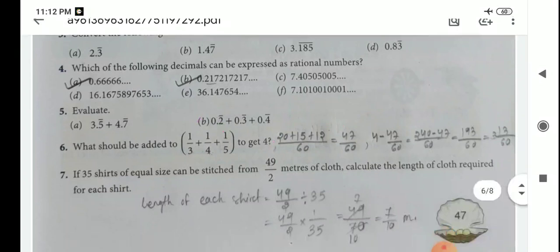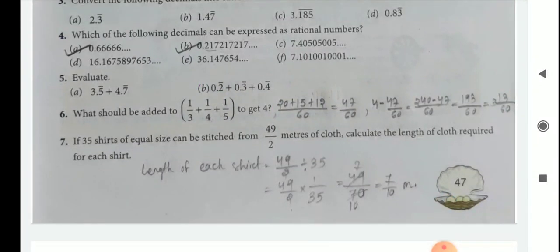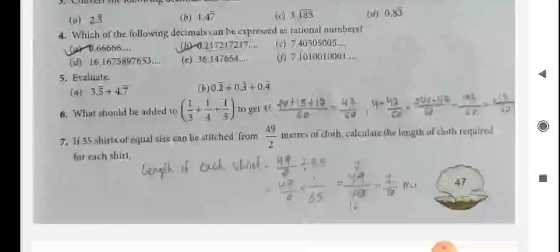Then number 7. If 35 shirts of equal size can be stitched from 49 by 2 meters of cloth, calculate the length of cloth required for each shirt. So first of all children, you will write the data. Then the length of each shirt means we just divide 49 by 2 divided by 35. Okay, then we get our answer.